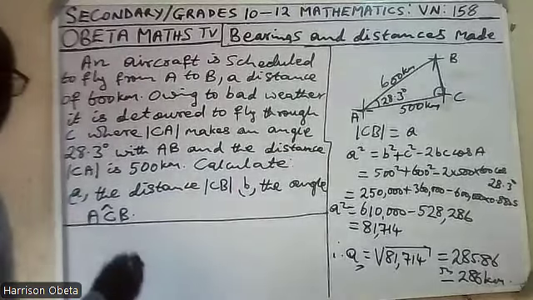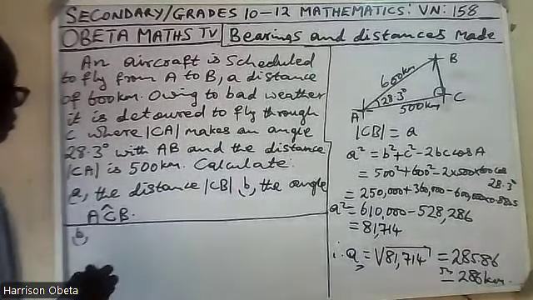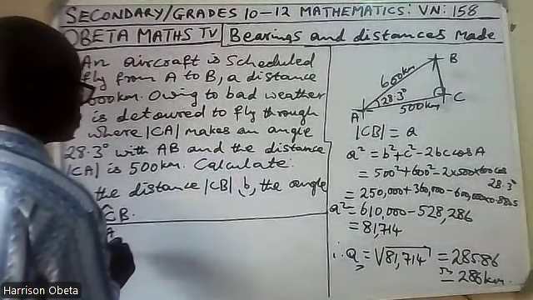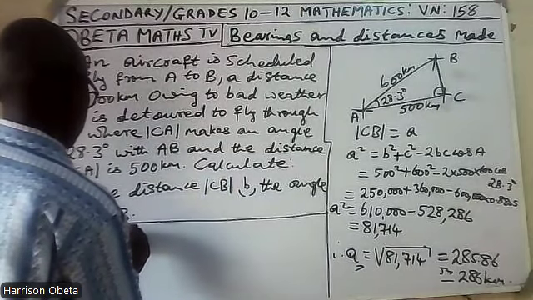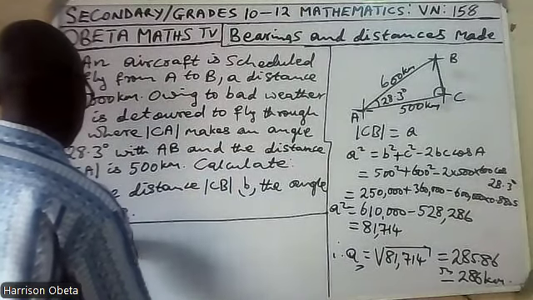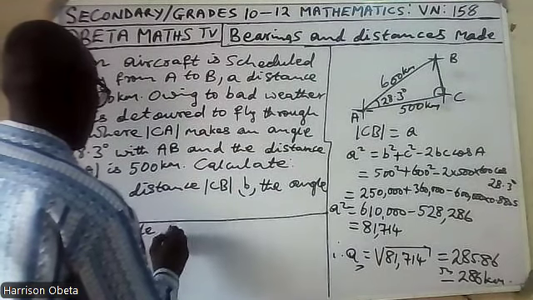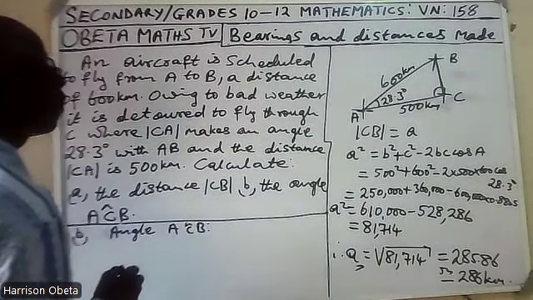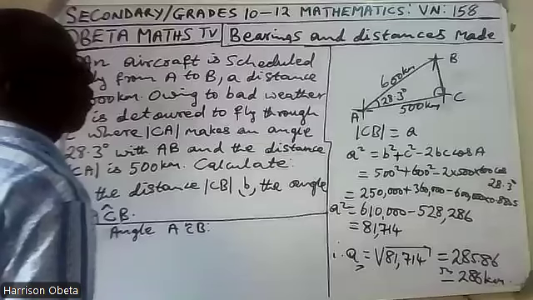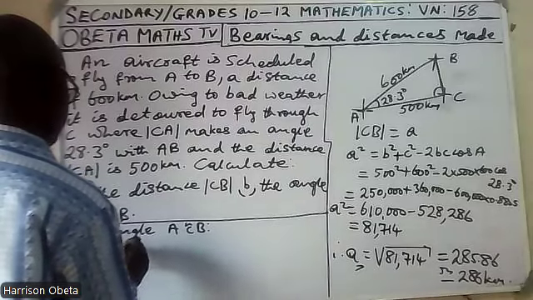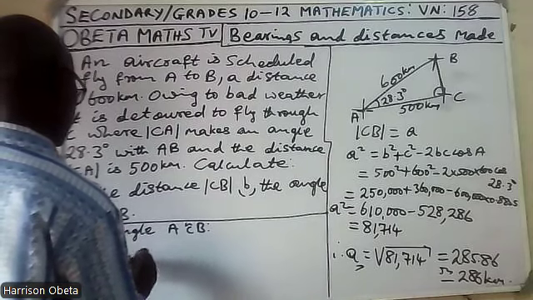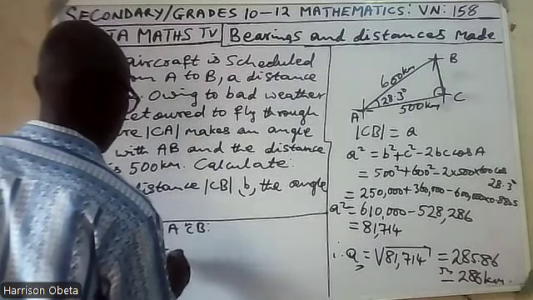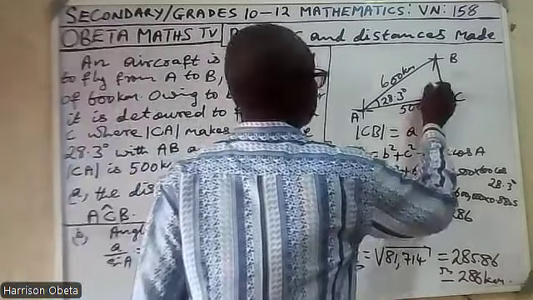Now angle ACB, we are going to use A over sine A equal to C over sine C. So let us label this theta.